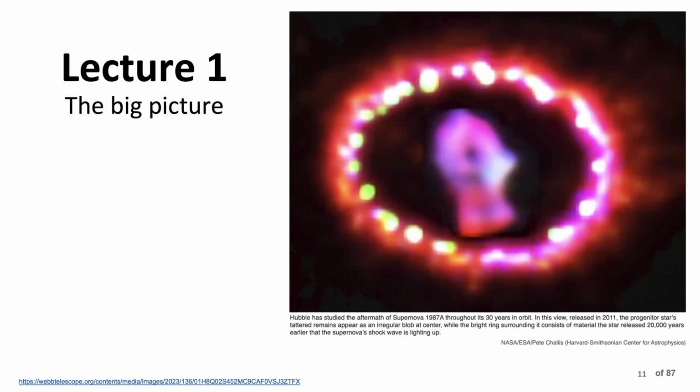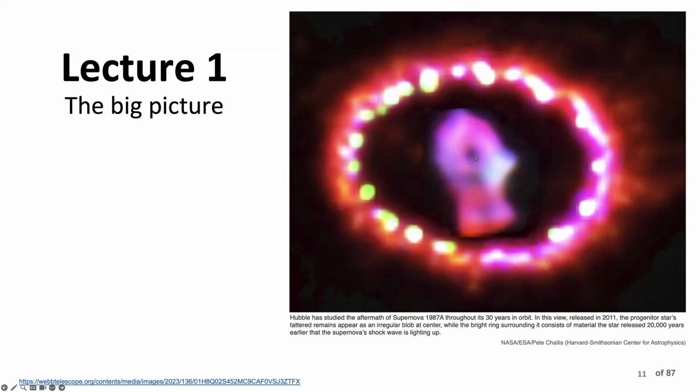And this is a stunning picture we have from Hubble. This picture was taken 30 years ago. Well, not quite 30 years, 24 years ago. This is a picture of a supernova that occurred in 1987, and we see this sort of ring of beads.